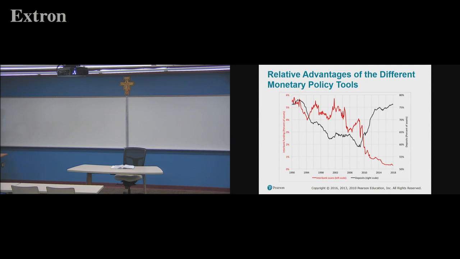So here we have interbank loans and deposits. So your deposits are in the black here, and your interbank loans here. This is showing what I just talked about a minute ago, why open market operations are used a lot less. Interbank loans used to be much higher, dropped since the recession.